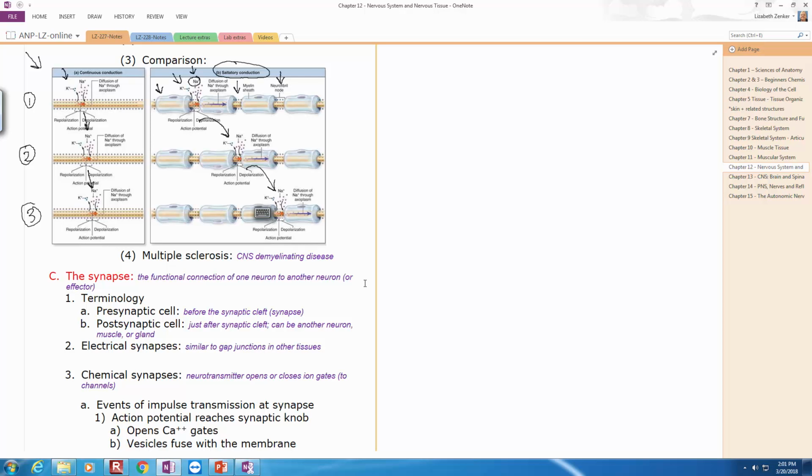So some of you guys may have heard of MS before, or multiple sclerosis. This is a demyelinating disease of the CNS. So who are the CNS myelin cells? Oligodendrocytes. So this is something that affects the oligodendrocytes. Those are the guys that are getting deteriorated, and it's literally unwrapping the myelin sheath.